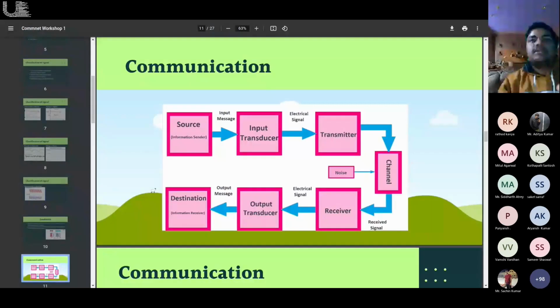So the transmitter is converting the electrical signal which is being produced from the transducer into the electromagnetic signal. Now this signal is being transferred from my laptop using some antenna, which is obviously not visible.